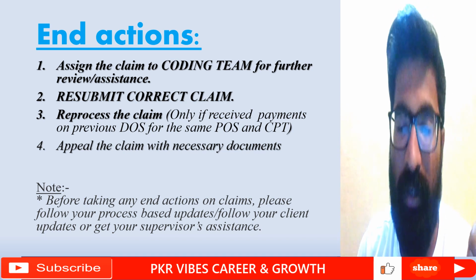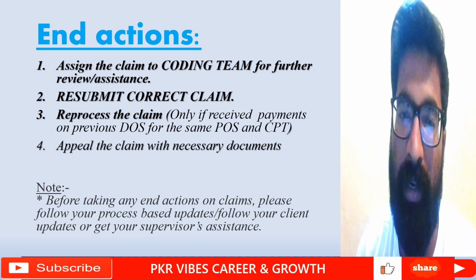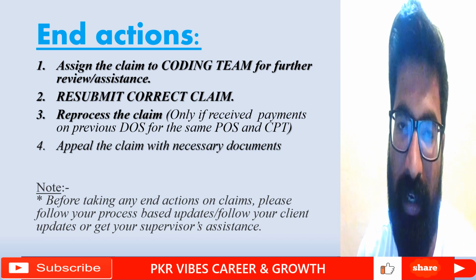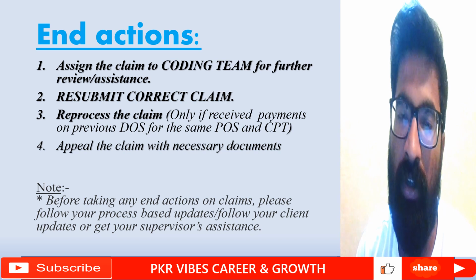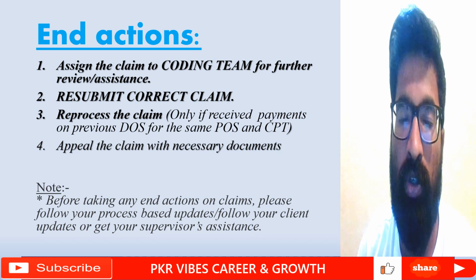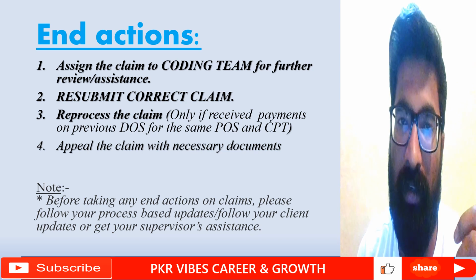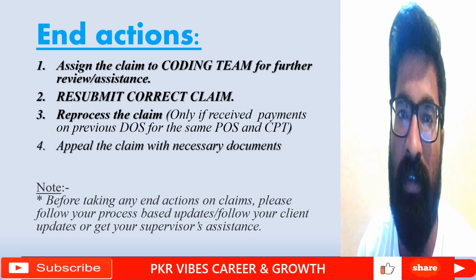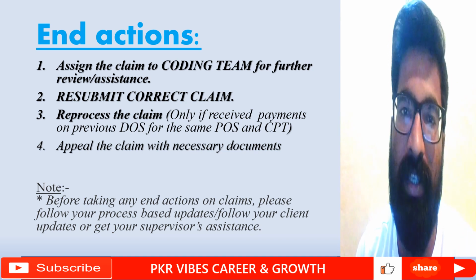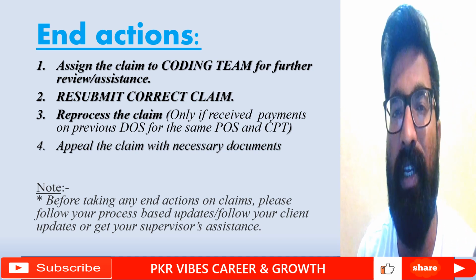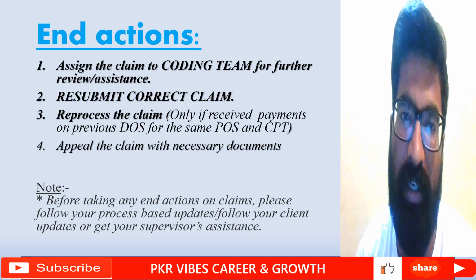So your job is to do the appeal if you are within the appeals timely filing limit of the insurance companies. The insurance company will verify your information, and they will give a status like appeal is paid towards the payment, or appeal is denied, or appeal is denied with the same reason.